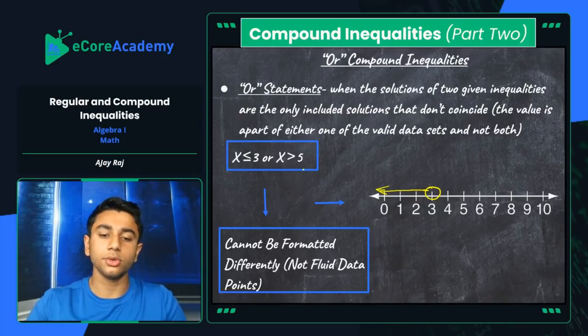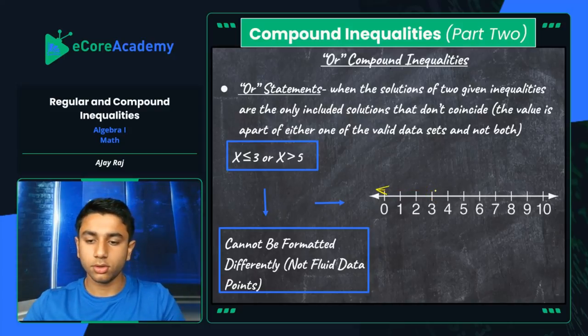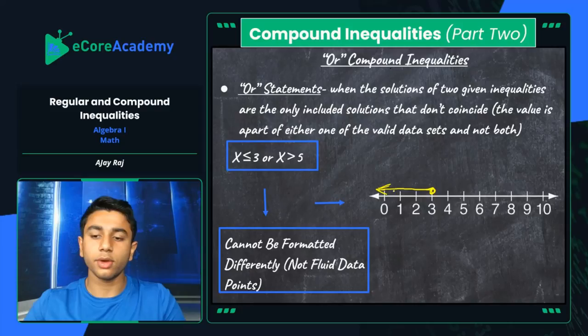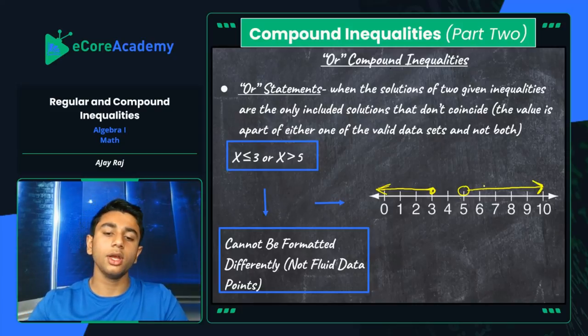It's less than or equal to, x is less than or equal to 3. Sorry, we're going to put a closed point. I apologize. I'm going to put a closed point at 3. Move this onward to the left. And then for x is greater than 5, we're merely going to put an open circle at 5, and then we're going to increase infinitely towards the right because it's increasing in that manner. So these are two separate data sets.